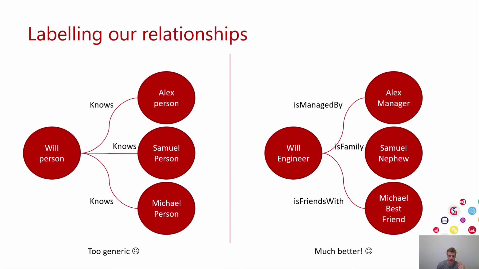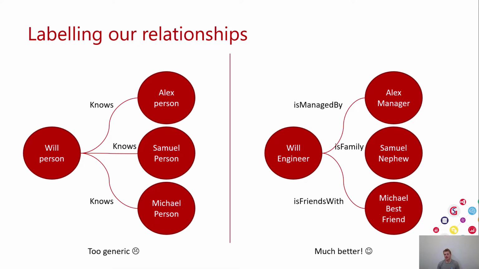If we look at our example on the left, I've got a bunch of people vertices. I've got myself, my friend Alex, Samuel, and Michael. I've labeled my relationships as knows, and my vertex is just whoever the name is and person. This is too generic.